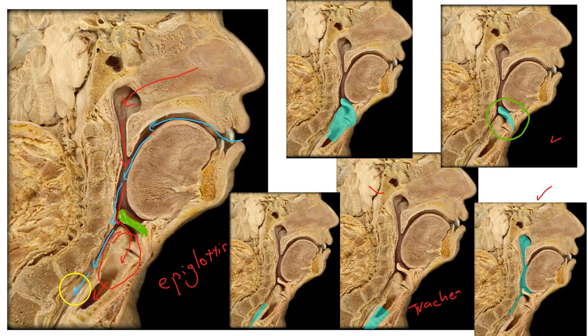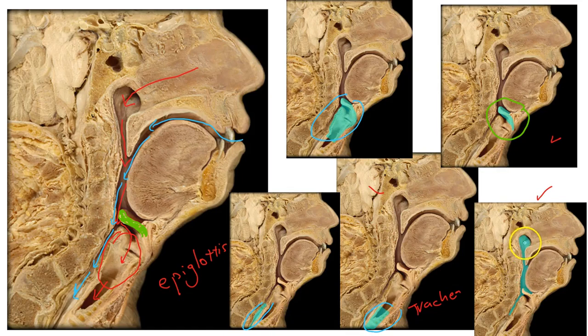So it means that esophagus is going to be found posterior to the trachea, or trachea would be found anterior to the esophagus. So make sure you are able to find epiglottis, the larynx region, the trachea, which is going to be found after the larynx, and then behind the trachea we have the esophagus, and also you should be able to find the pharynx.